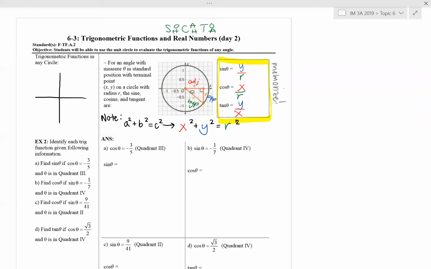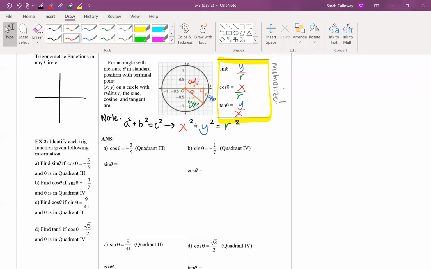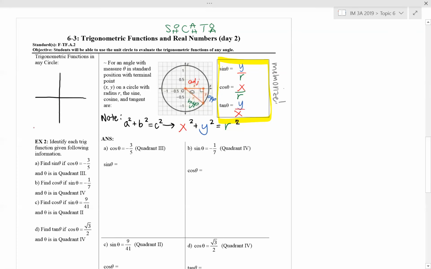So what's going to change here is that since we're using a circle in the coordinate plane, we're going to talk about quadrants. And so the quadrants dictate the sign, meaning the positive or negative sign of the trig function. So there's a mnemonic that we use to help us with this. All of them are positive in quadrant 1.